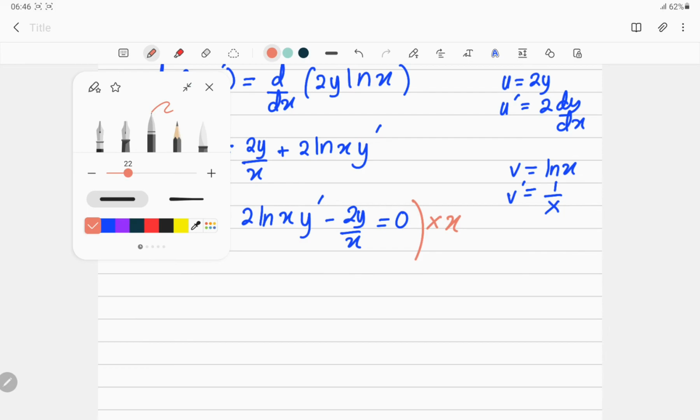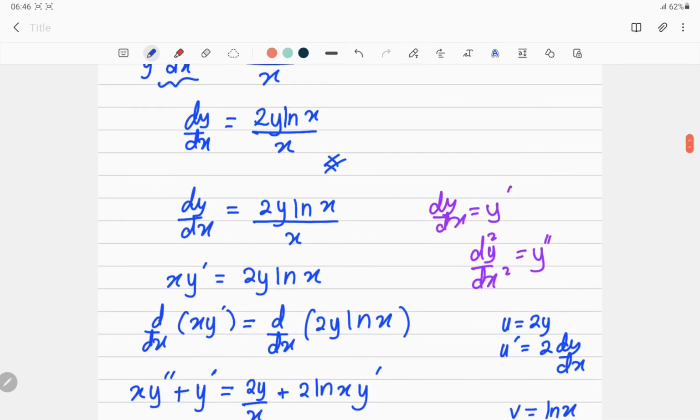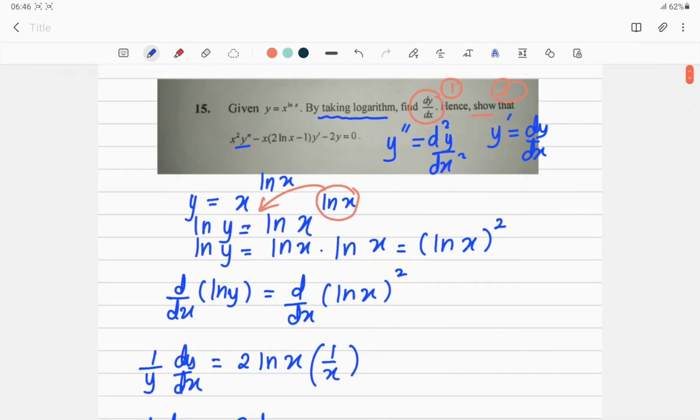So what we get here is x squared y double prime plus x y prime minus 2x ln x y prime minus 2y equal to 0. How to modify our equation? Same as the question, we have to factorize x. At this part we have to factorize out the negative x.